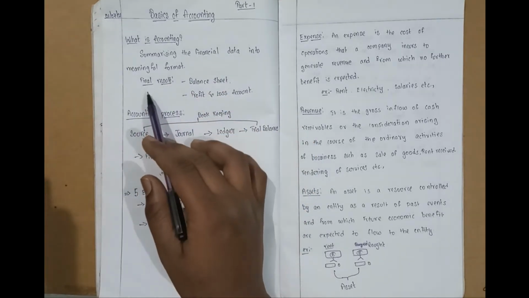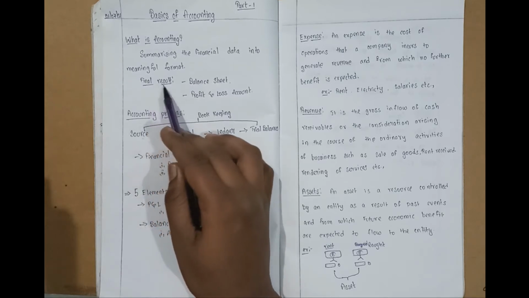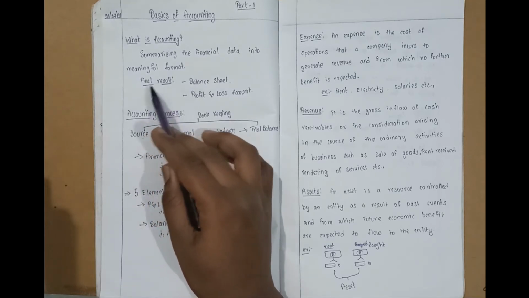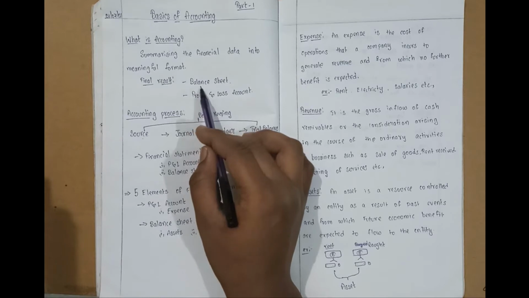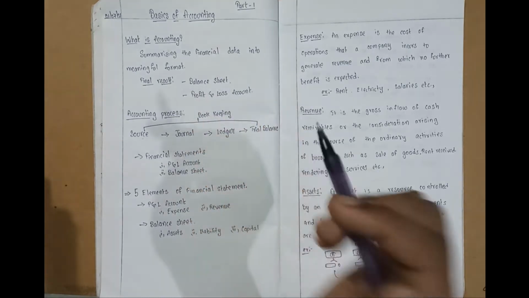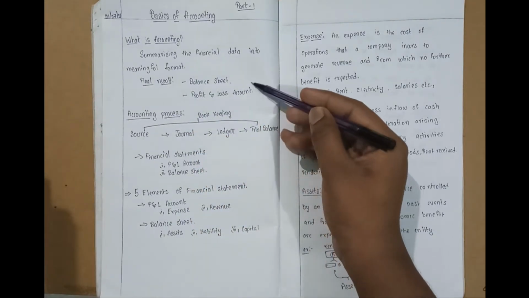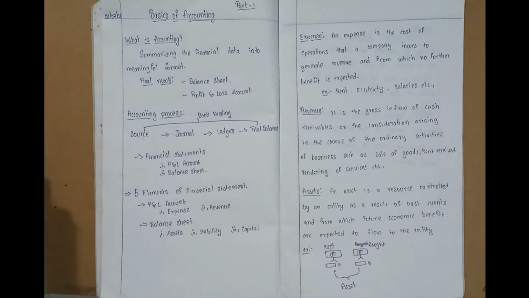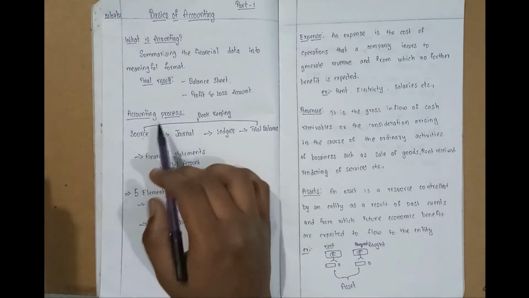The company owners will see the final result. The final result will be in the form of two types: balance sheet and profit and loss account. Based on this, the company owners or shareholders will take decisions in the company so that they can improve the production and sales rate.